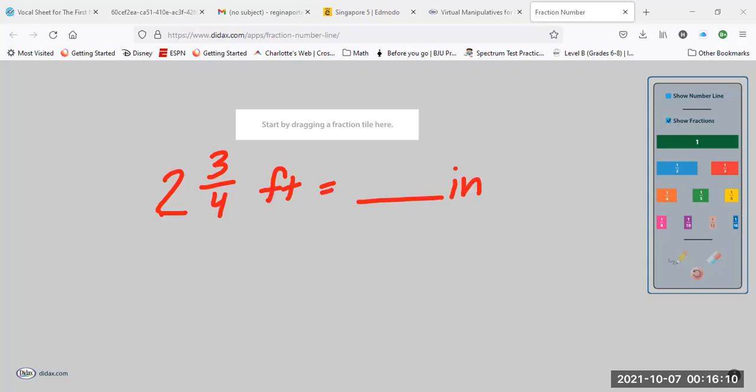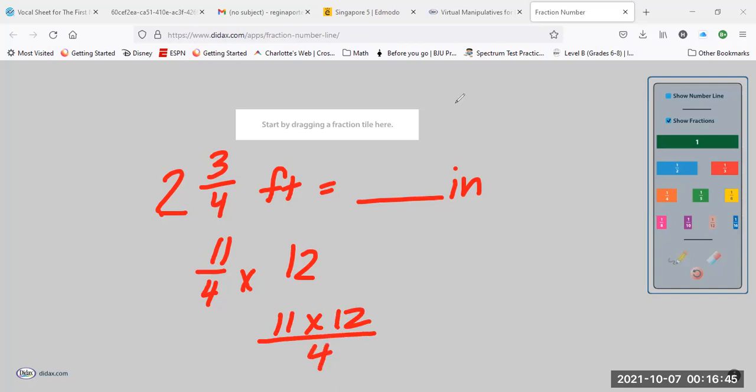Well, for this type of problem, I can change my 2 and 3/4 into an improper fraction first and get this all as just a fraction. I can say 2 times 4 is 8 plus 3 is 11/4 times, well, how many inches are in 1 foot? Well, that's 12. So I'm going to have 11/4 times 12. This would look like 11 times 12 over 4.